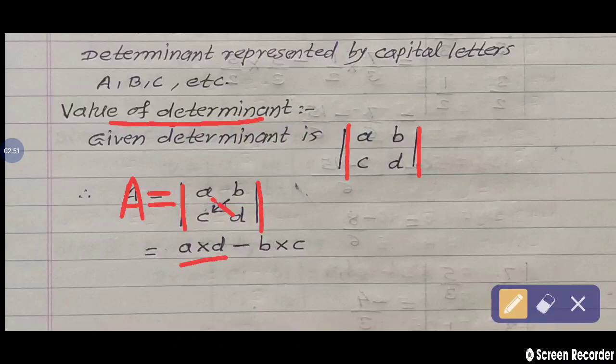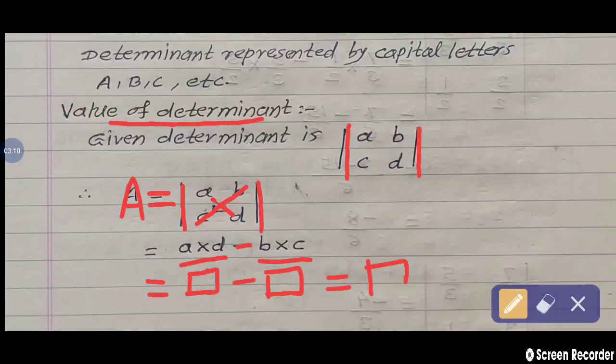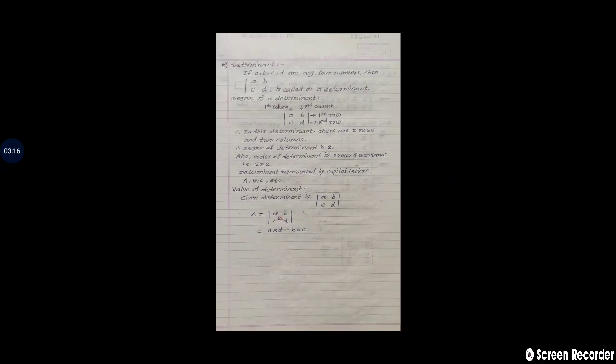Then subtract the second cross multiplication, that is B multiplied by C. After multiplication, we get two numbers. First number minus second number, we get the answer in the form of some value, that is called the value of the determinant. This is a basic thing.